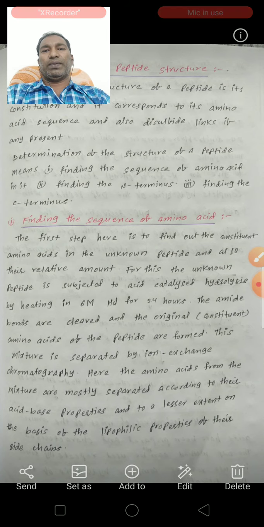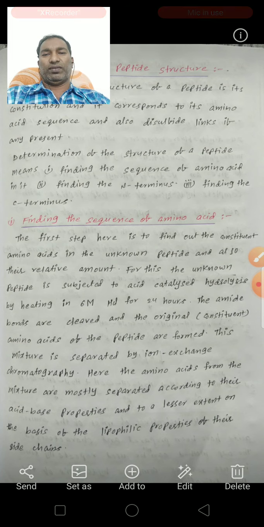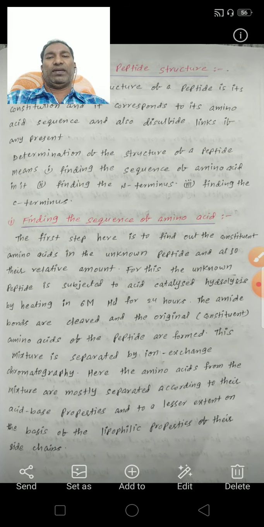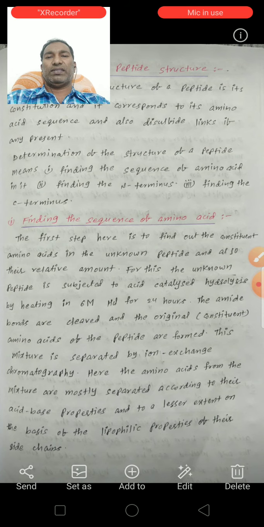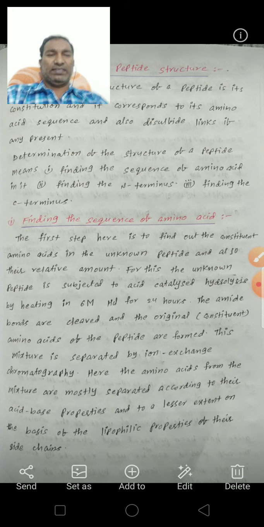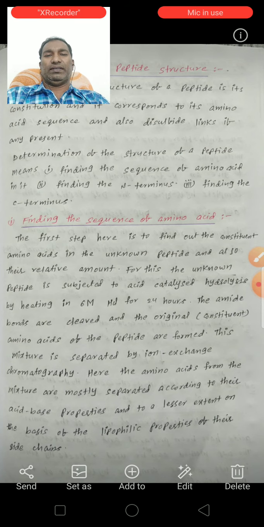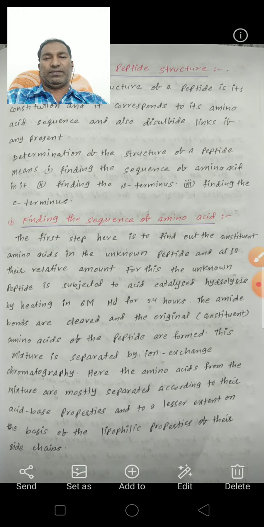So by this method we can find the amino acids in a peptide or polypeptide.